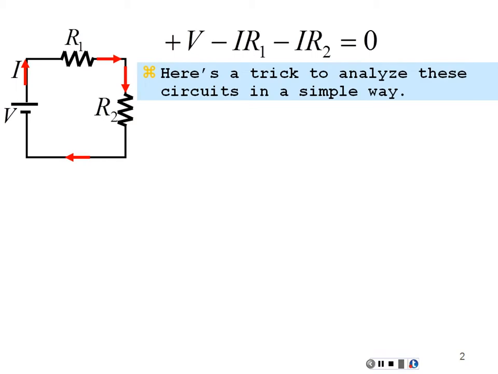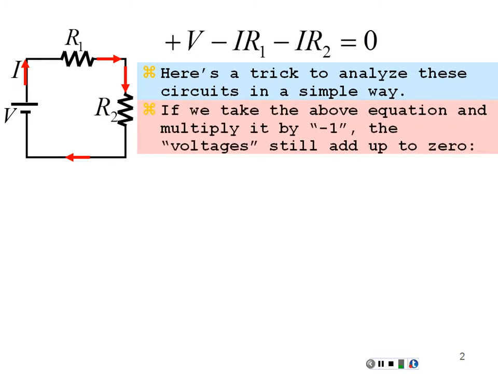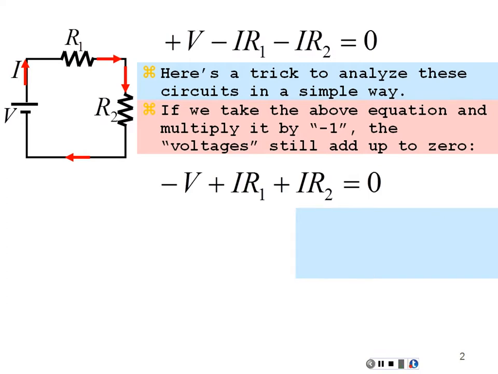So here's a trick. We're going to multiply both sides of the equation by a negative 1. 0 times a negative 1 is 0. And so we have a new equation which is equivalent to the old, and it looks like this: negative V plus IR1 plus IR2 equals 0. Totally equivalent equation.